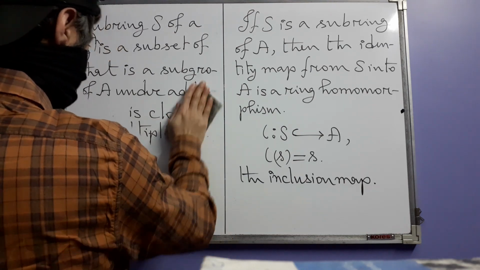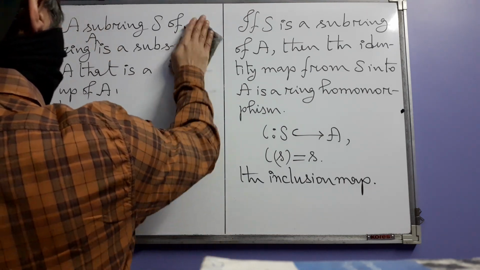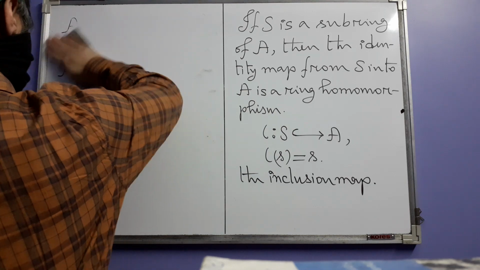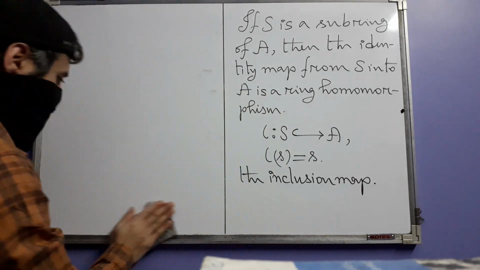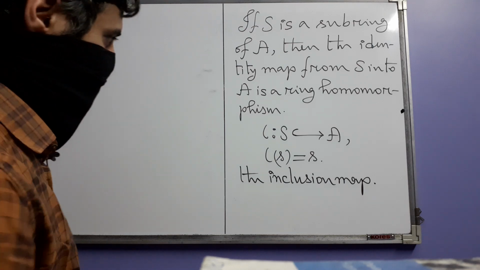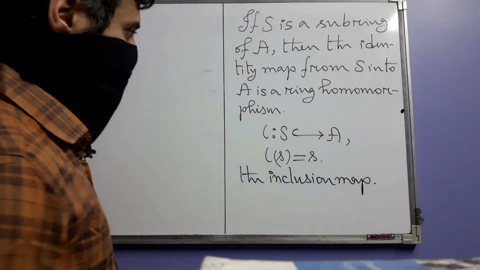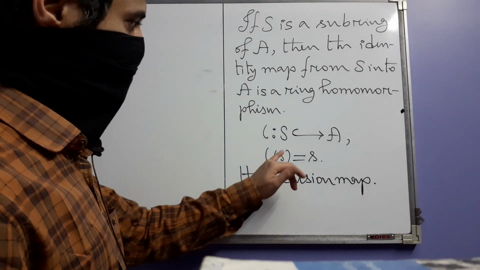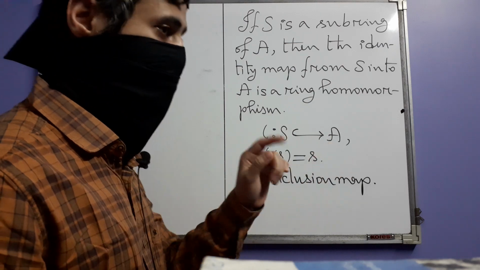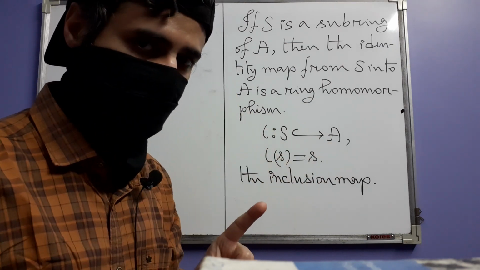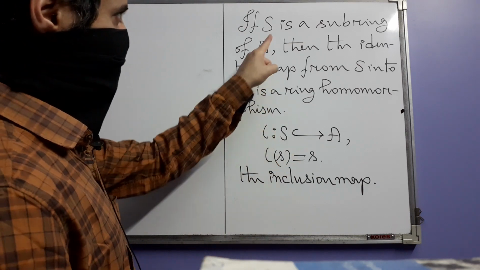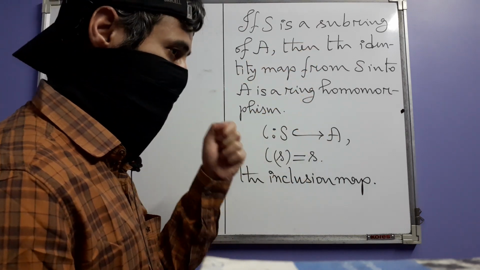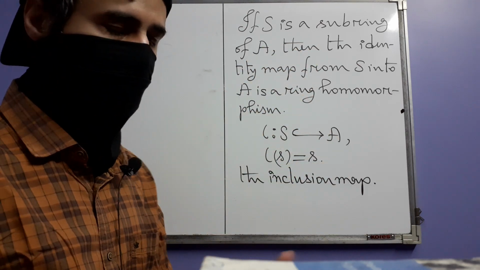That way we can be sure all the time that we are correct, that we haven't misinterpreted anything and we haven't likely made any mistakes anywhere. So what do we need? First of all, S and A both have to be rings. Are they both rings? A already is a ring, and S being a subring of A is itself a ring.